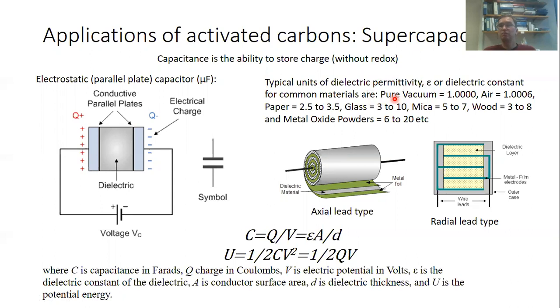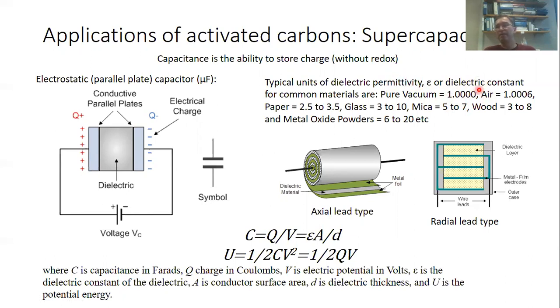And for that reason, vacuum cannot easily be polarized. Okay? So if we set a pure vacuum to have a dielectric constant of 1.0, then we can measure the dielectric constants of all the other materials relative to the dielectric constant of the vacuum.